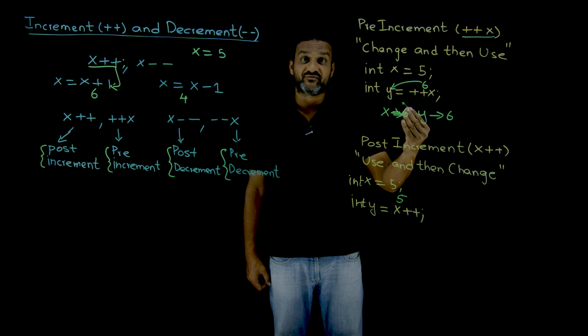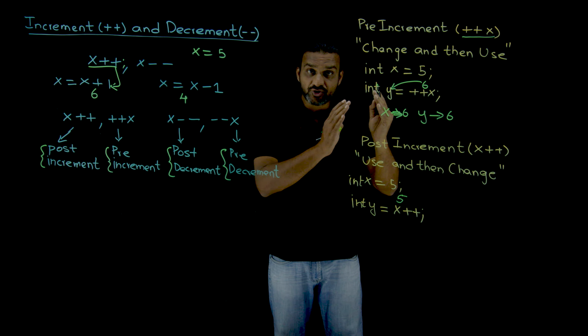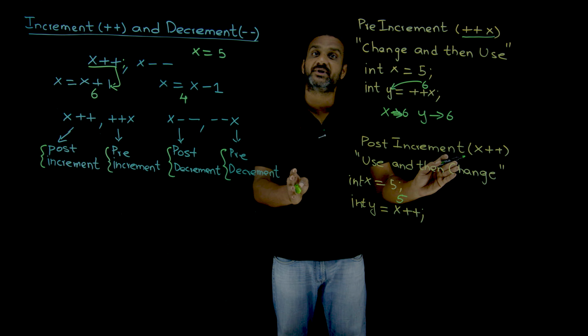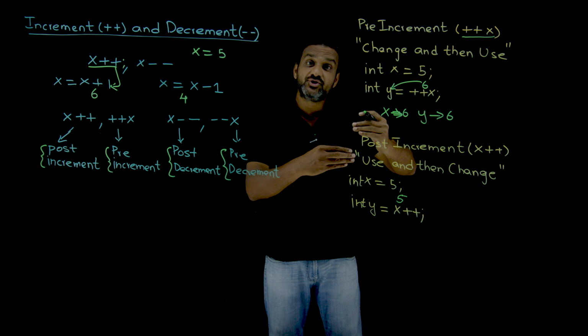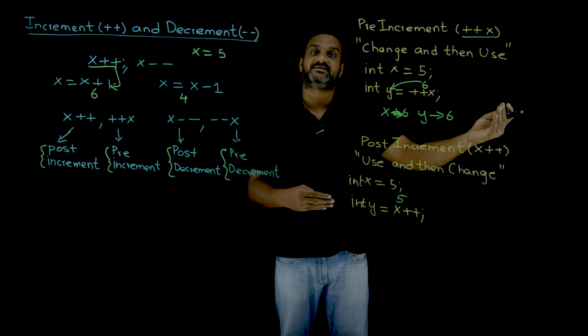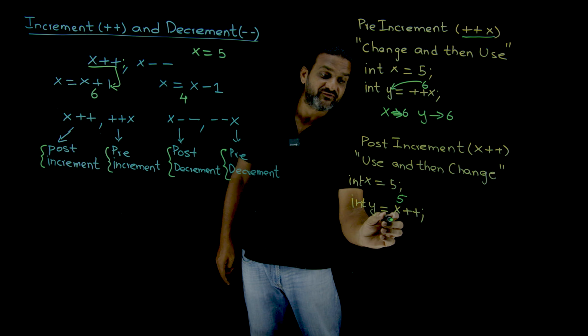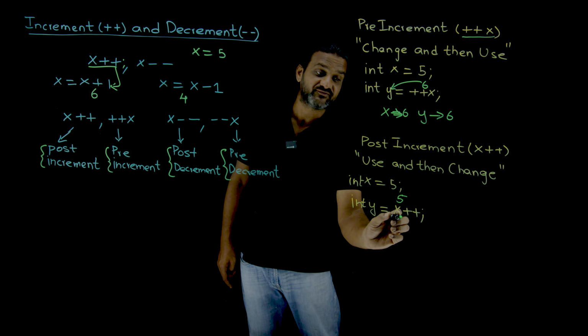Try to grab this point. First use the value of x, do the entire operation on that, and after that complete operation, only then you increment the value of x. Now after the execution of this statement, what is the value of x and y?